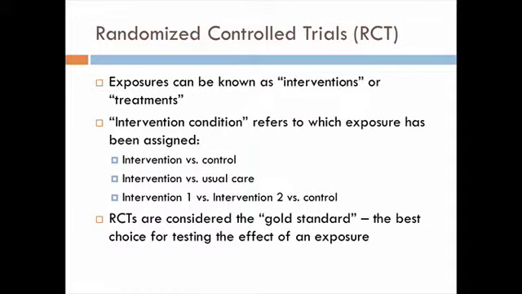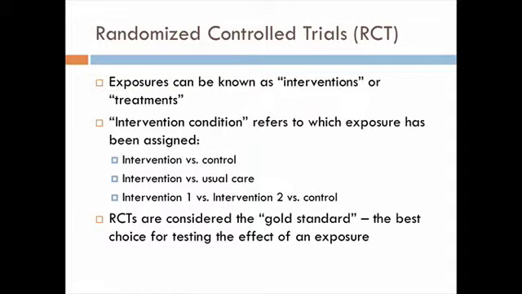So examples of this, intervention versus control, are the simplest and most common types of intervention conditions. As I said, we may have a new intervention versus usual care. So what would normally happen to these patients? And then, as I also said, we may be testing multiple interventions, right? You may want to do a study where you look at what is the effect on weight loss of a dietary modification intervention alone, a dietary modification intervention with a physical activity component, or nothing.